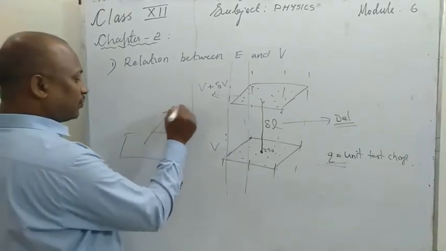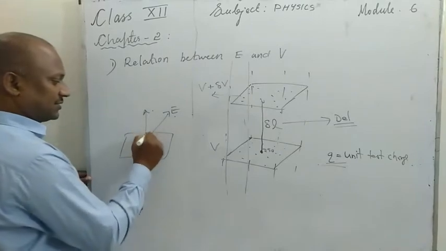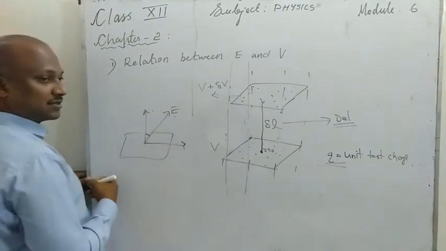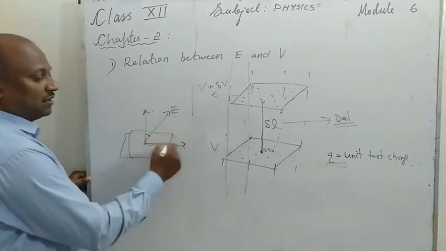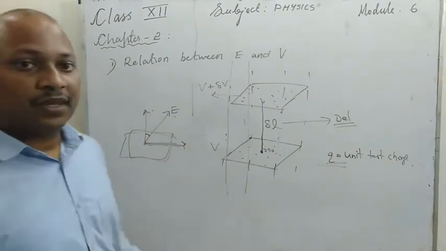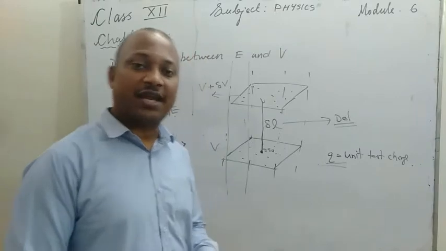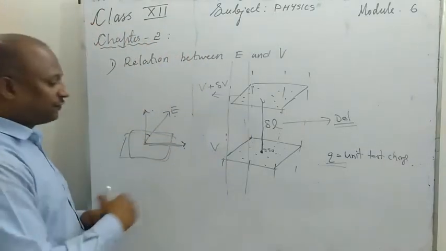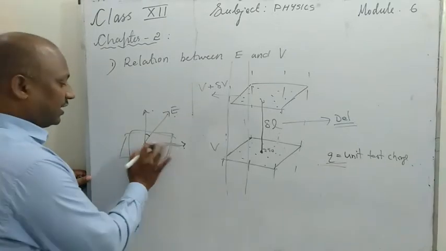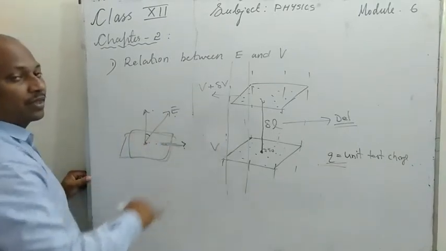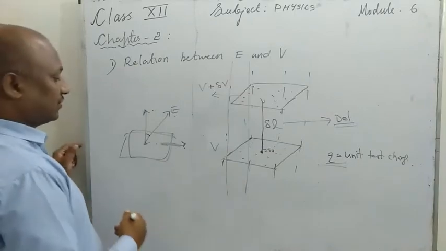The electric field will have two components, one component like this and the other component like this. And this component which is along the surface will, if it is a conductor, exert a force on the free charge carriers, for example electrons, and the electrons will move in the opposite direction of the electric field.